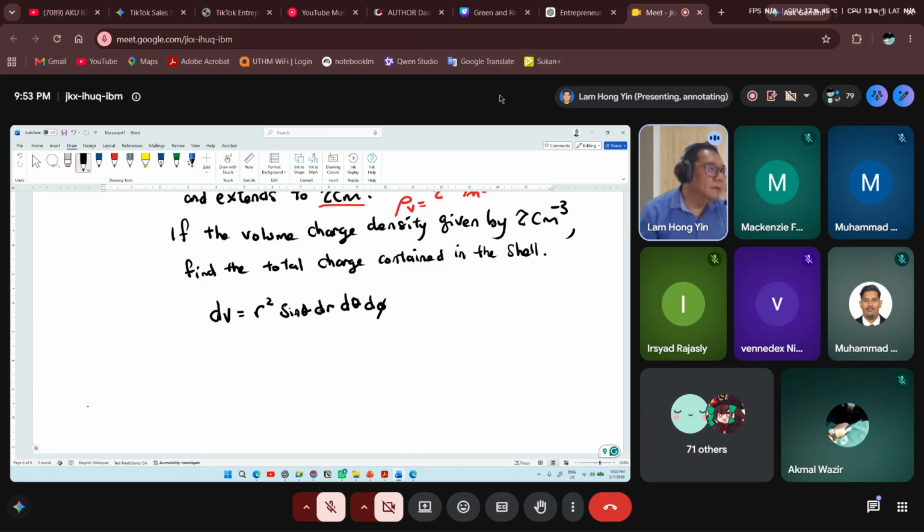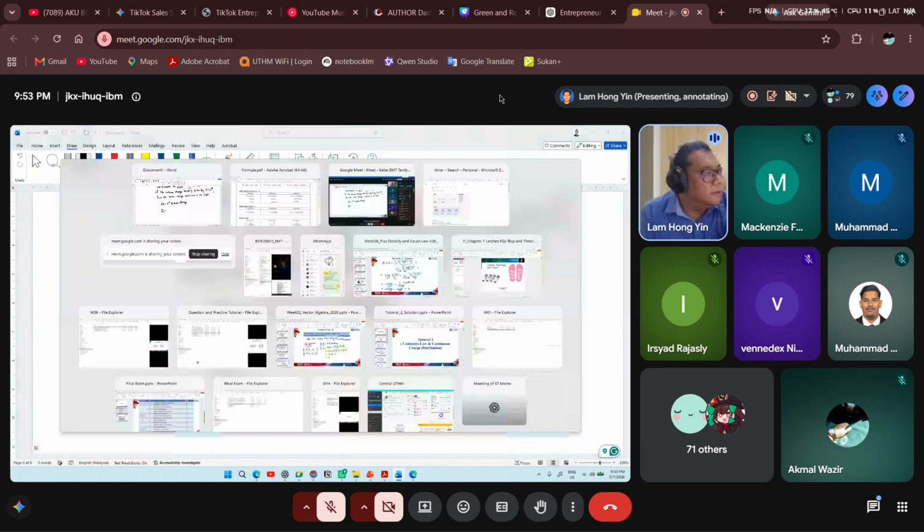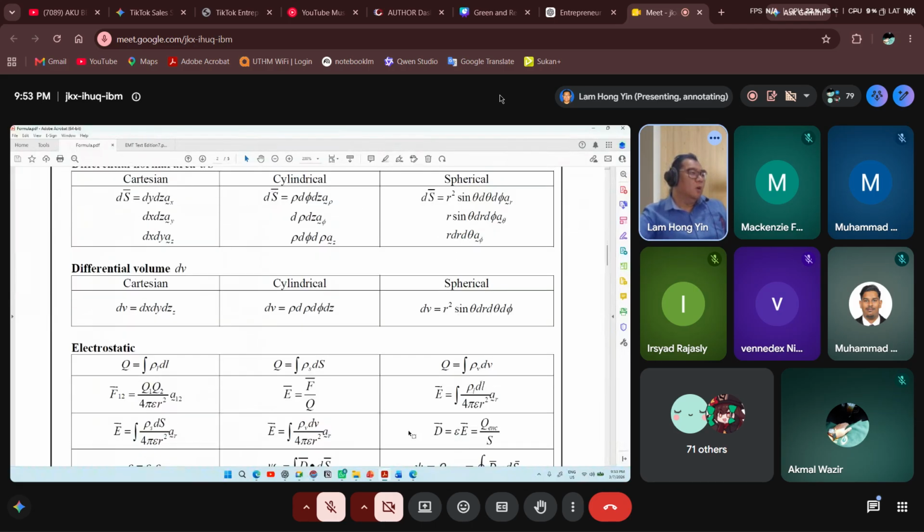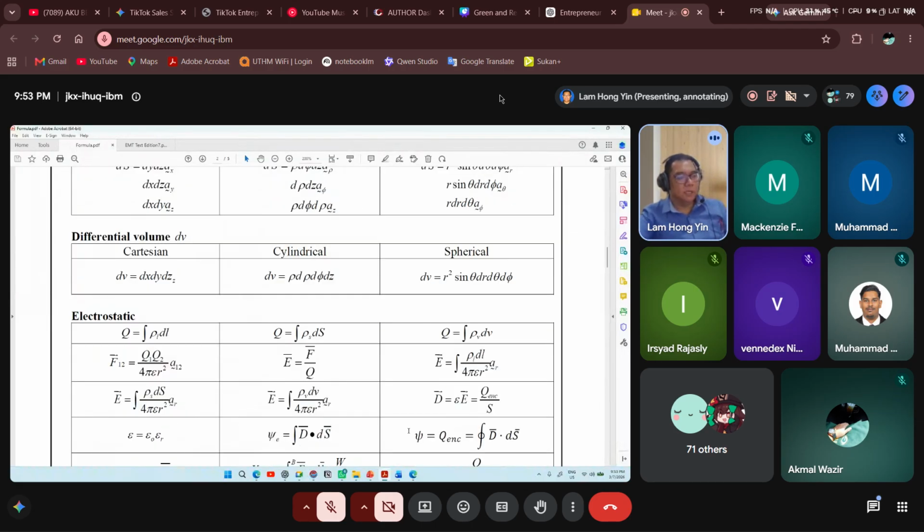All right? Now, the question asks us to find Q, the total charge. How do we find Q from the volume? If you look at the formulas over here in electrostatics, you have 3 Q's. Q you can find from the integral of rho L dL, from rho S dS, or from rho V dV.